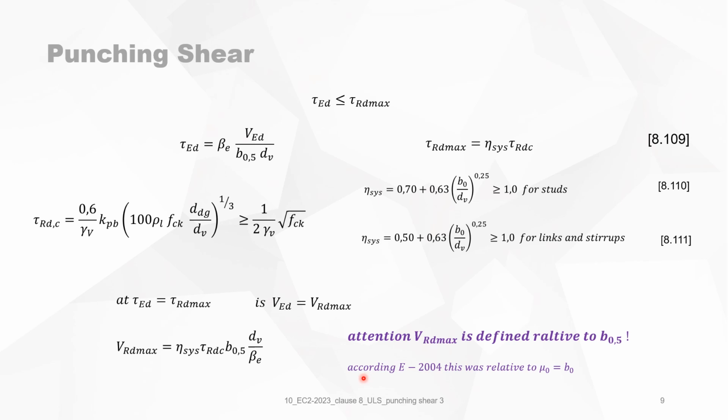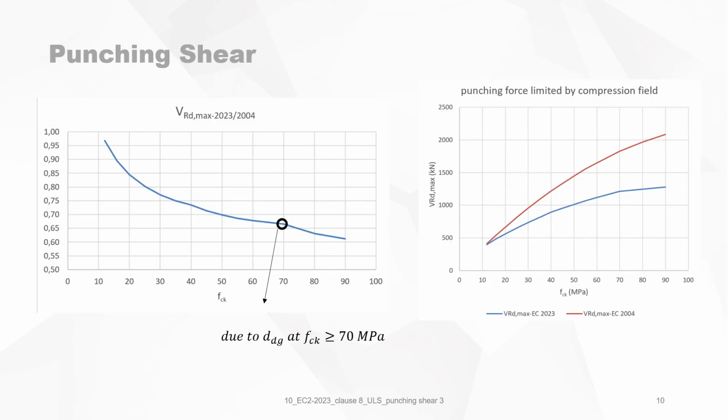According to Eurocode 2 version 2004, VRd,max was defined relative to u0, which is in fact b0, the perimeter just at the face of the support. So this is a big difference between those two. Don't make a mistake of that.